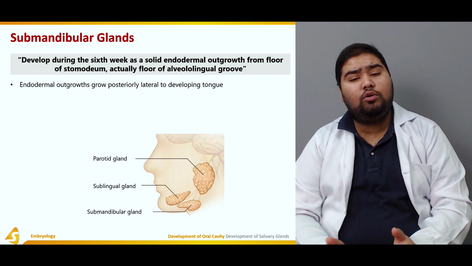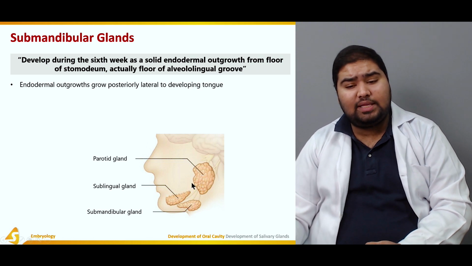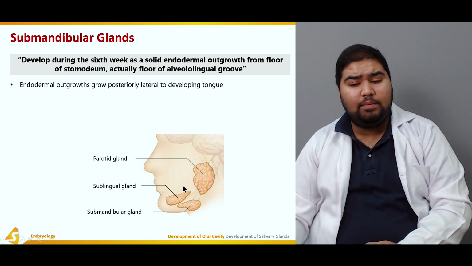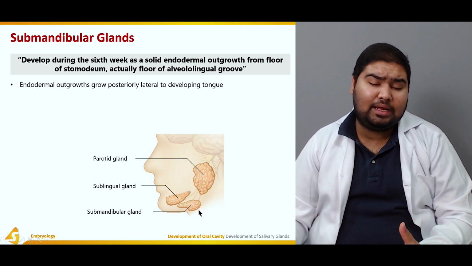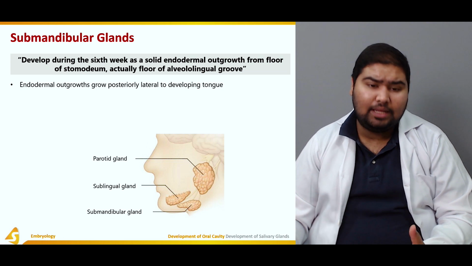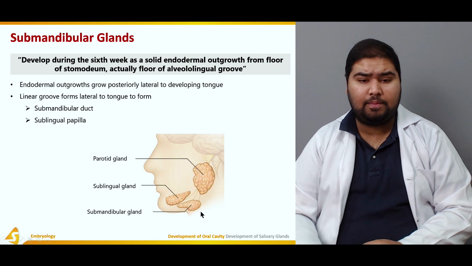Now the endodermal outgrowth grows posteriorly and laterally to the developing tongue. So in this area the tongue is being developed, and this mass that develops into the submandibular gland forms posterior and lateral to the developing tongue.